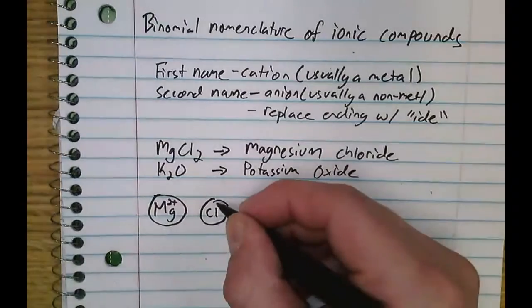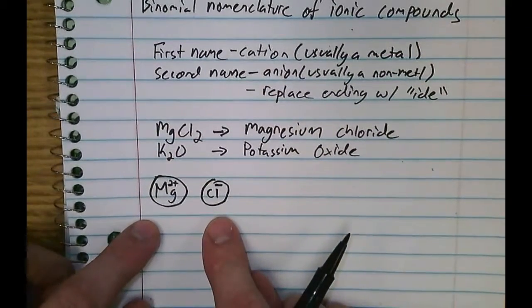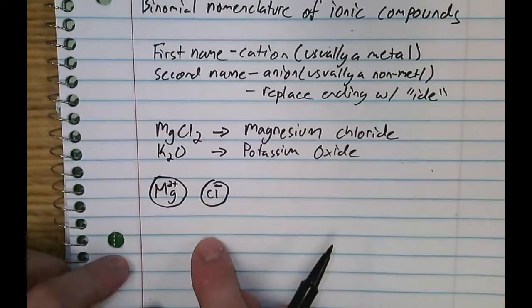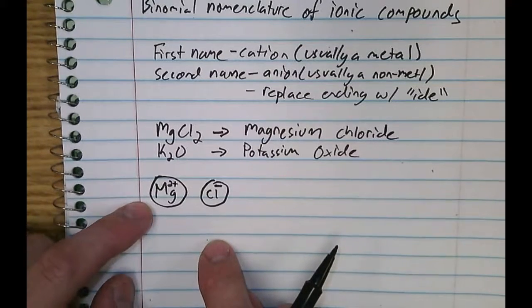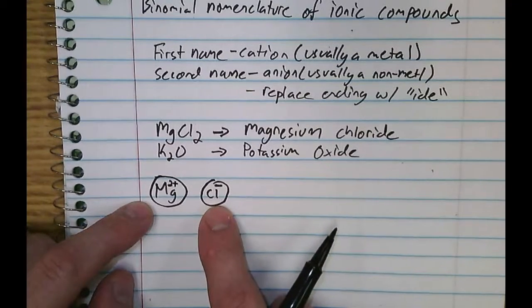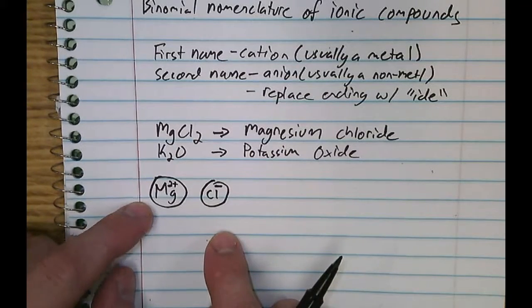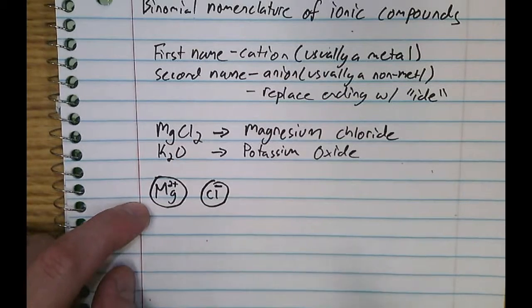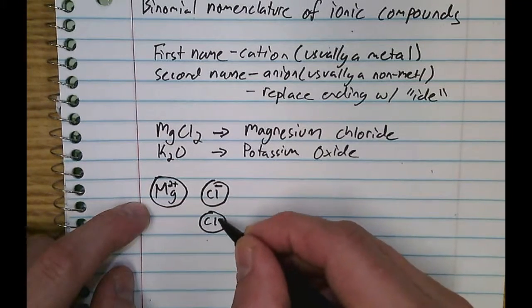Ionic compounds are neutral, even though they're made of charged particles, meaning this whole thing needs to add up to 0. Well, right now, if I have 1 magnesium, I'm +2, and 1 chlorine, I'm -1. That adds up to still have a positive charge. I'm more positive than I am negative. Well, to remedy this, we're going to add another negative thing, Cl-.